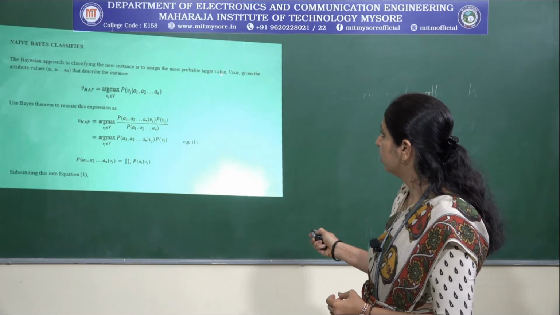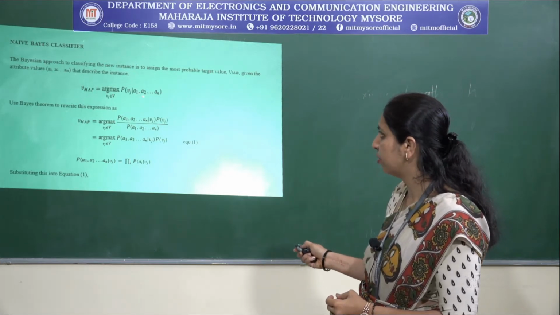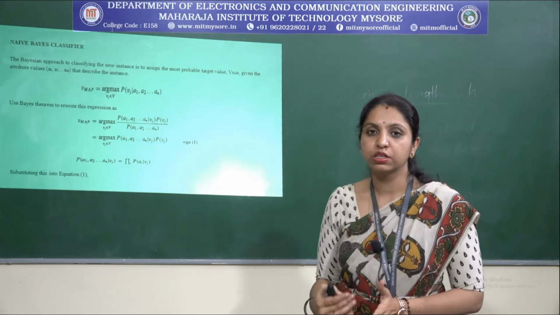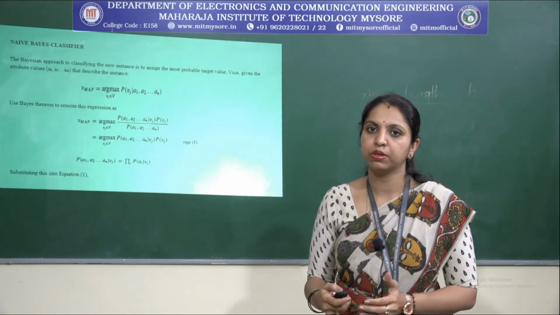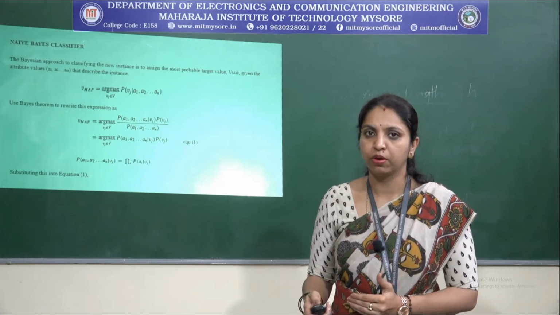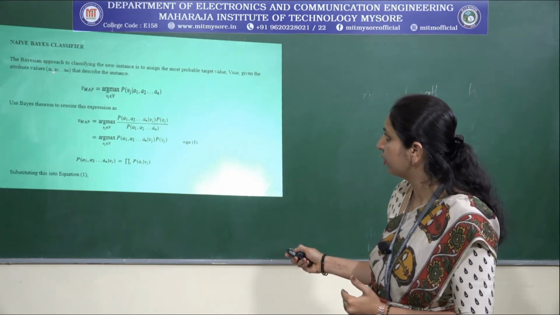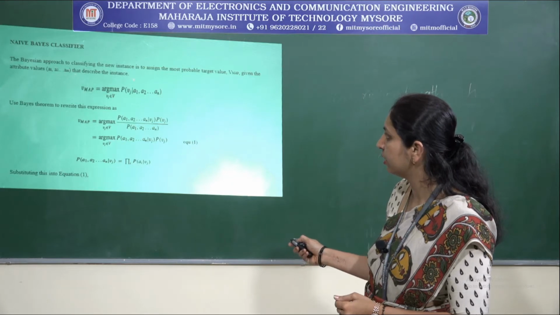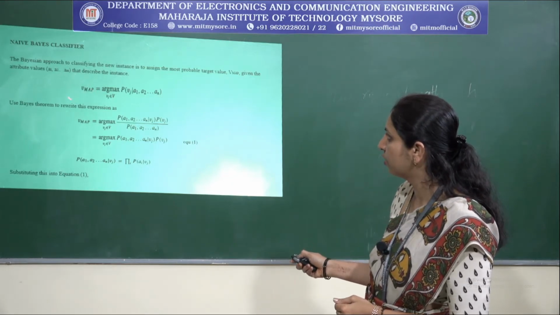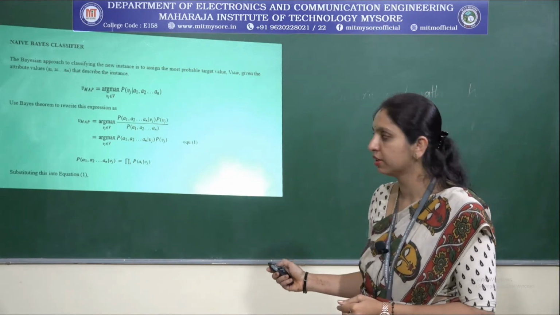So it works based on the attribute values and on the training examples, and in the training examples the attributes are very important. These attributes can be defined as A1, A2, up to Am, that describe the instance.